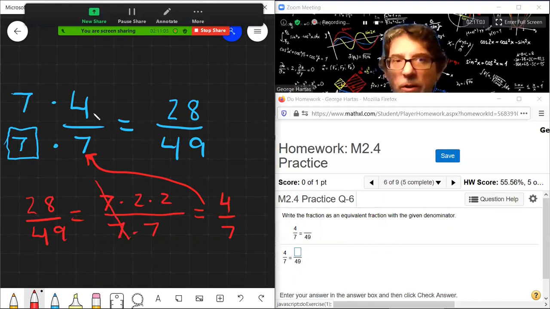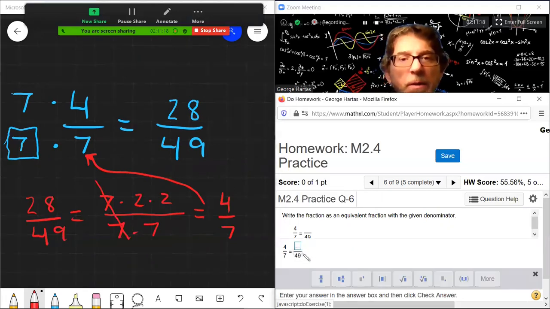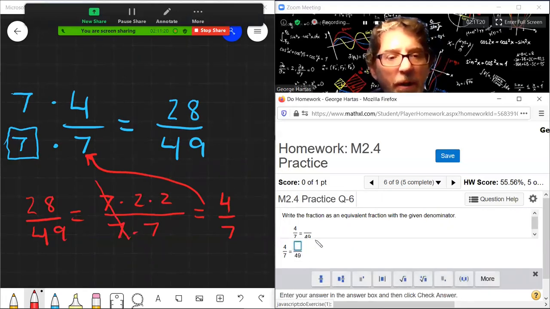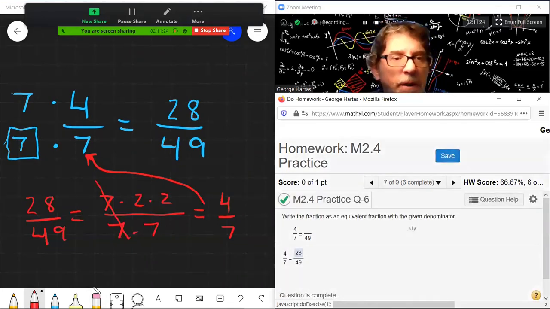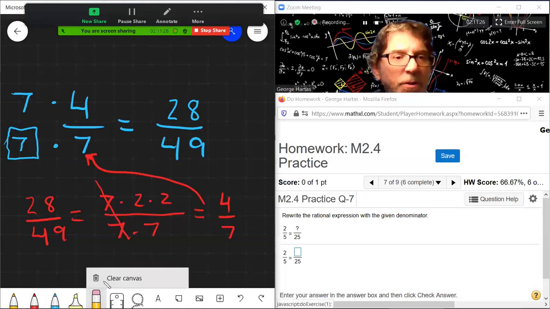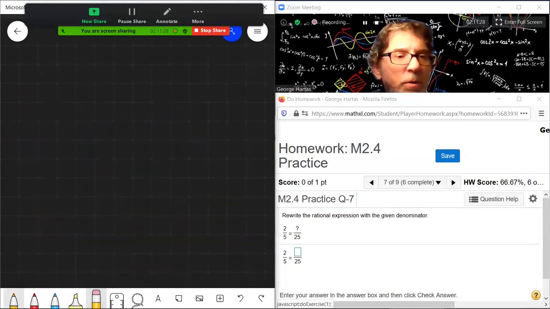So get used to this. This will be one step out of 4 steps when you add and subtract fractions with different denominators. All right, let's go back to our problem here. So the missing block here, 28 goes there. All right, so let's erase that, and let's move on with the other ones.